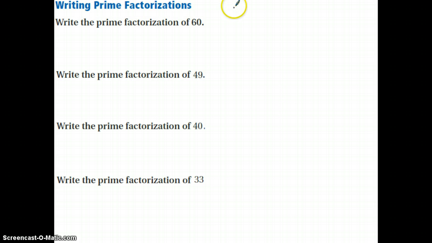I'm going to go ahead and do the first 2, and then I'll ask you to do the second 2. To write the prime factorization of 60, again, I'm going to create a factor tree. 60 can break down into 12 times 5. 12 can break down into 6 times 2. And 6 can break down into 3 times 2. Now the prime factorization of 60 consists of all the numbers that are at the ends of the branches.